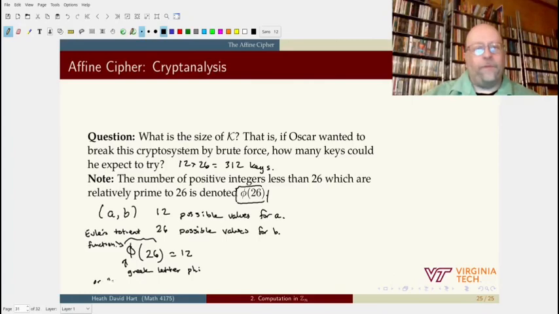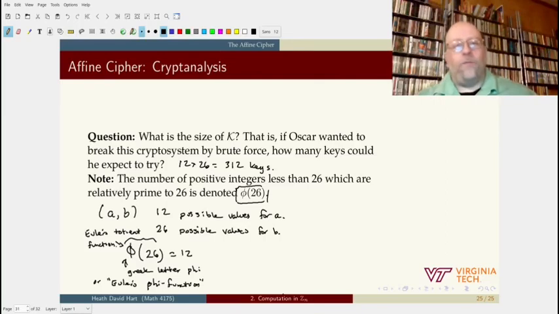Either one. We'll use this notation again later on, so I want people to see this. And so in Z mod n, this number is phi of n, this number is n.